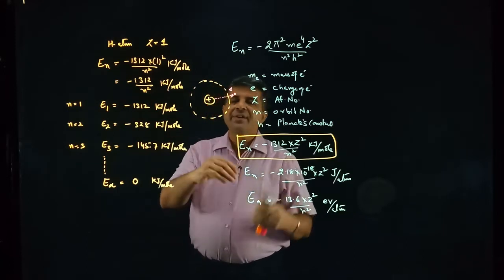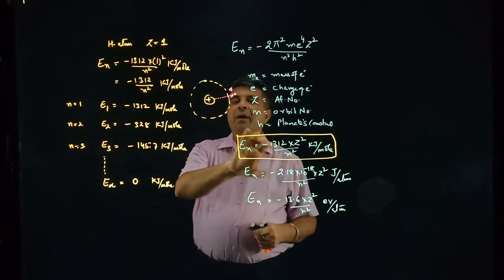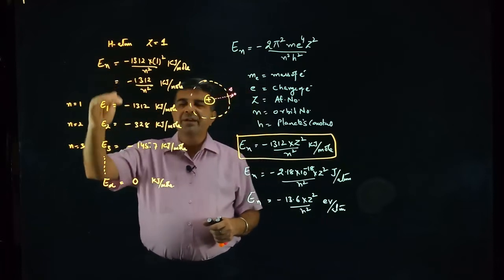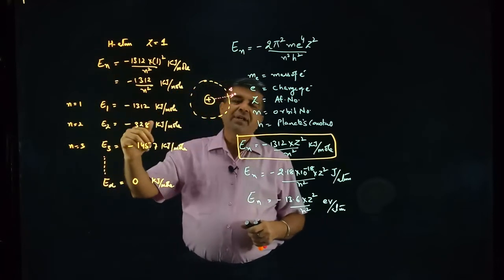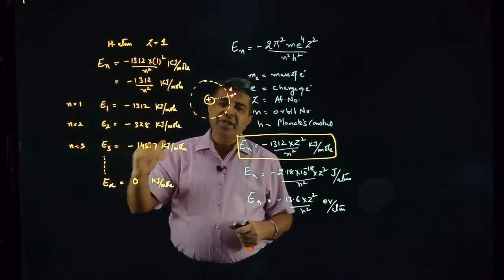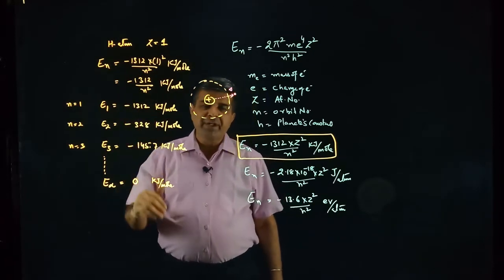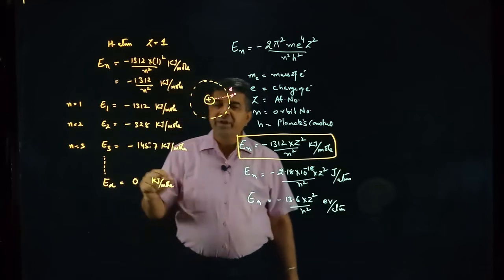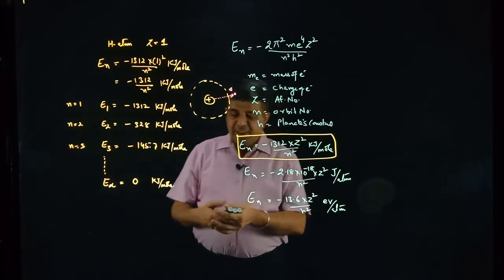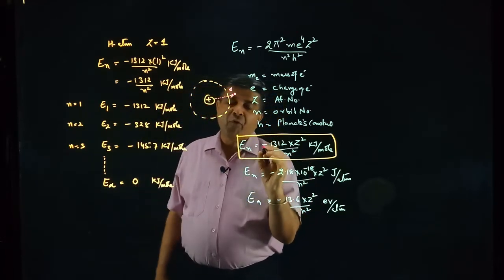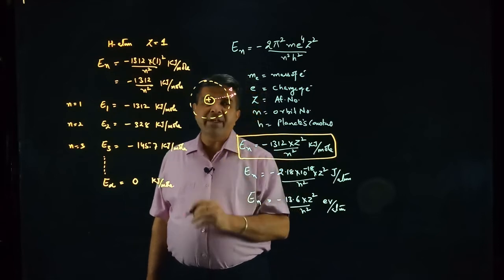So this was the first important thing about this equation, that energy of electron changes, or as the stationary state changes, the energy associated with that stationary state also changes. Now the second important point with this equation is this minus sign. What is the significance of this minus sign?